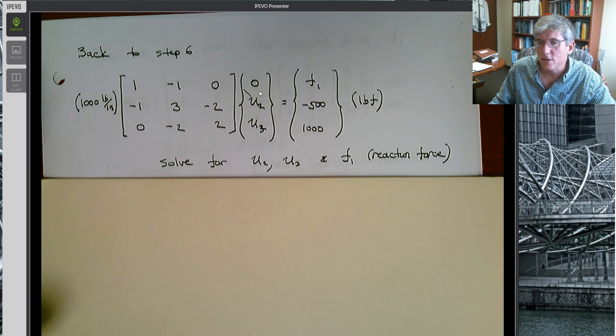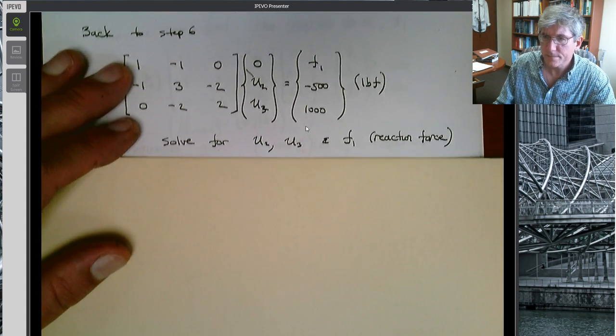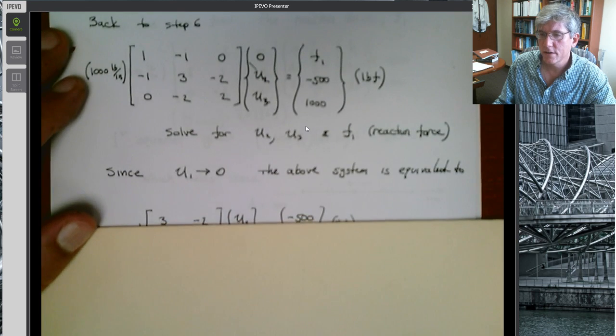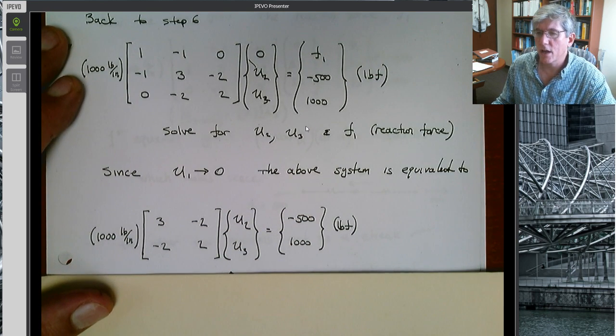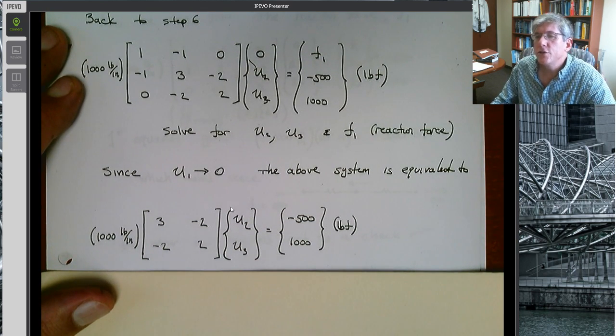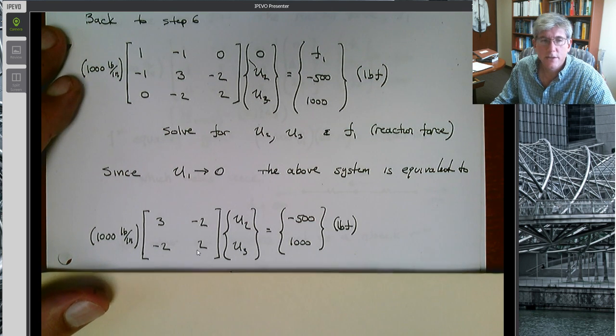Likewise, this third equation is going to be 0 times U1, minus 2 times U2 plus 2 times U3 equals 1,000, okay? So really, this system of equations is equivalent to this reduced system of equations, okay?